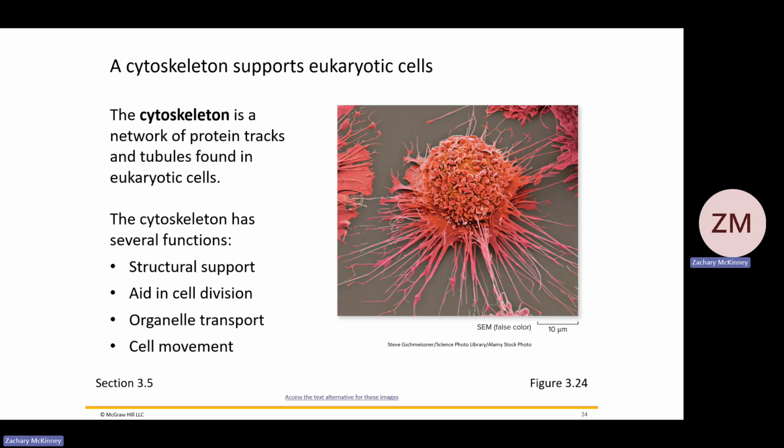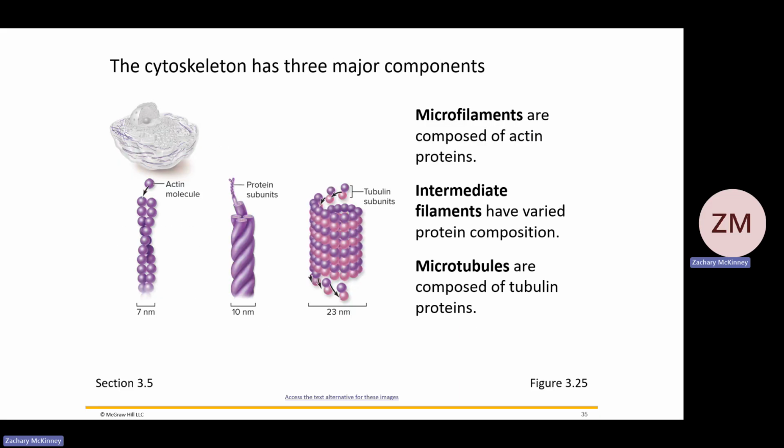A lot of times people think that a cell is just this big fluid space where things just float around and may happen to interact, but it's not really true. The cytoskeleton provides a structure for cell movement and organelle transport, so you can actually move things around inside of the cell.